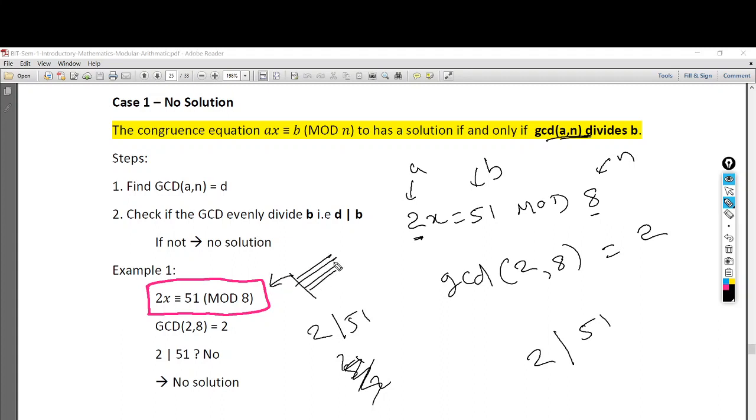I know that it is fortunate for you guys, because you don't have to solve it, but let's pretend that it is very unfortunate. It doesn't have any solution because 2 does not divide 51. So our GCD does not divide the b value, therefore no solution. That is what you have to do.